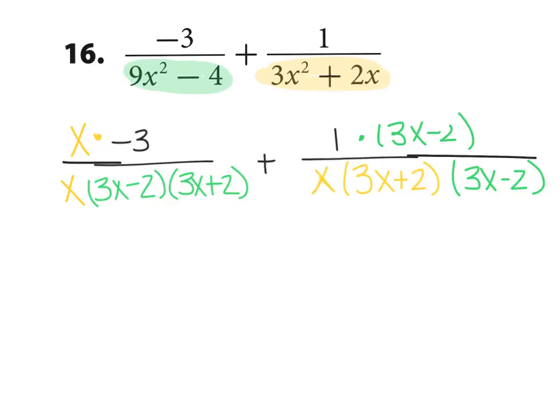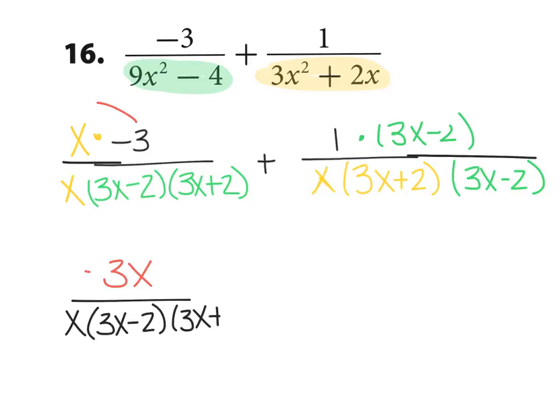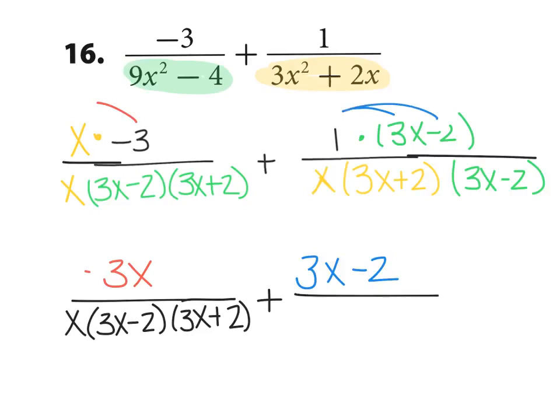Now it's just working with my numerators to see what needs to happen here. Well, negative 3 times x, that's just negative 3x divided by x times 3x minus 2 times 3x plus 2, plus 1 times 3x minus 2 is 3x minus 2, because I distribute that 1 out, divided by x times 3x minus 2 times 3x plus 2.